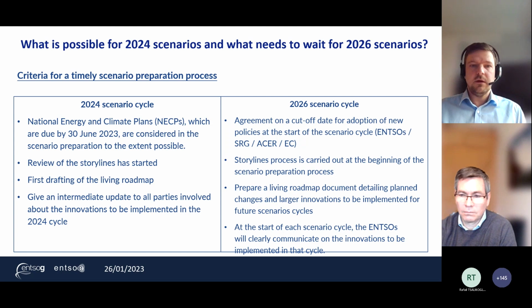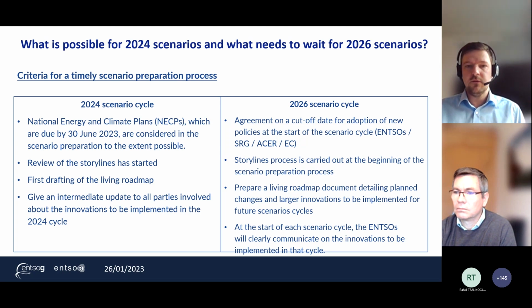We looked at this topic and figured out that it will be challenging data-set-wise and challenging modeling-wise. So that's something we had to postpone from the 2024 scenario cycle to the 2026 scenario cycle. At the start of the 2026 cycle, and every other scenario cycle that follows, we will clearly communicate on the innovations, at least what we plan to do. The testing, of course, needs to happen during this scenario cycle.